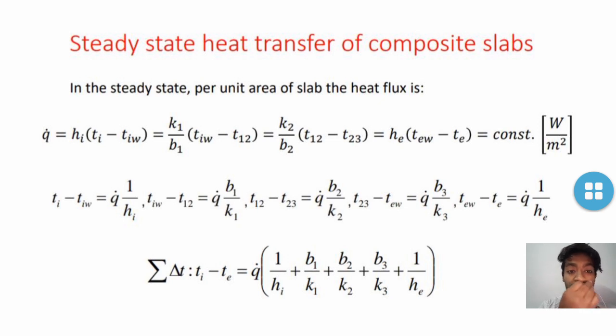Adding these equations, we get the summation of delta T, Ti minus Te, equals q dot into 1 by Hi plus B1 by K1 plus B2 by K2 plus B3 by K3 plus 1 by He.